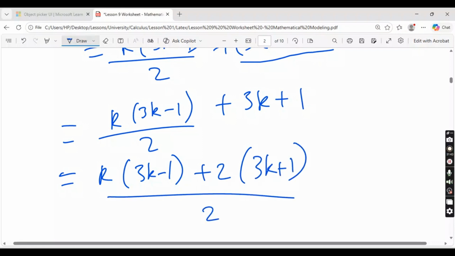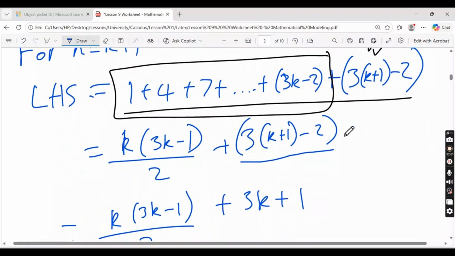Then what do we do? We have 3k squared plus 5k plus 2. What do we do?